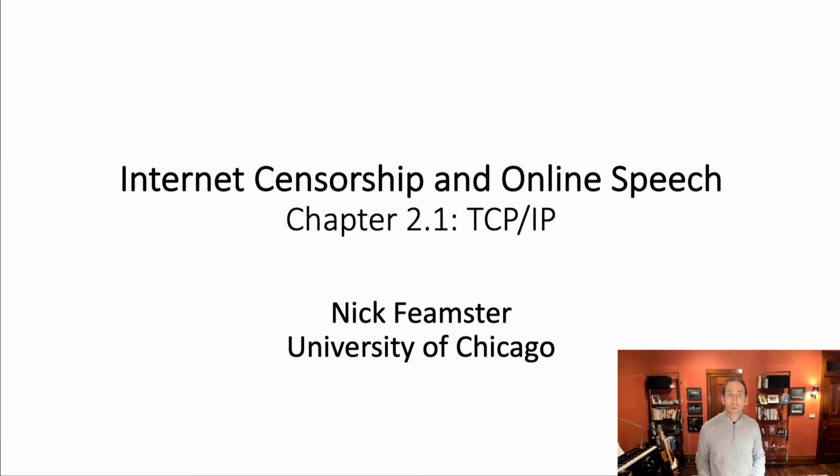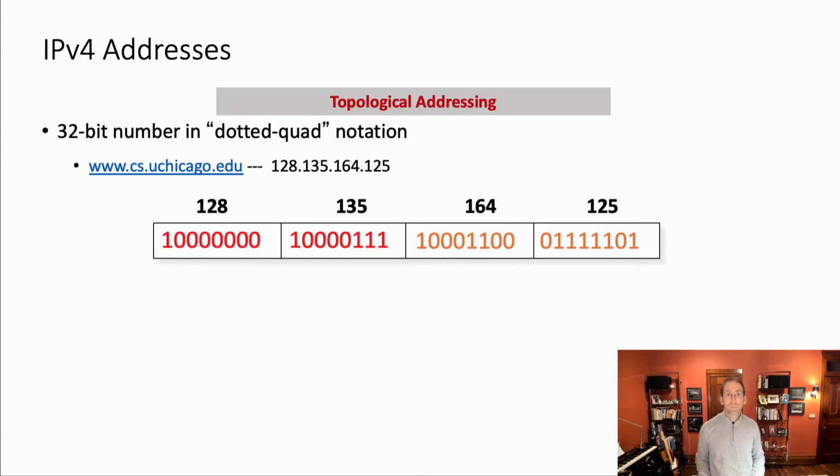Let's talk about how an internet censor can interfere with TCP/IP. First, we need a little background on what TCP/IP is and what it's responsible for in the internet. Internet endpoints have addresses that are called Internet Protocol or IP addresses.